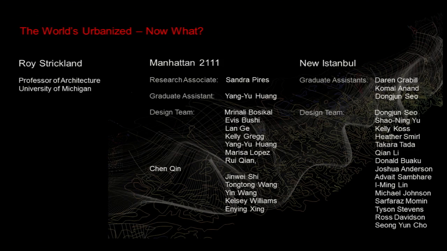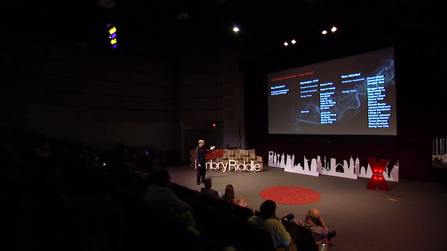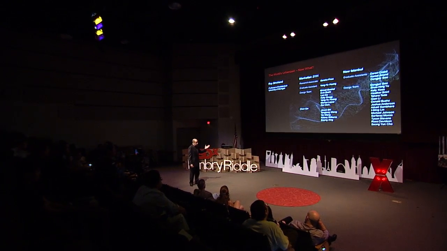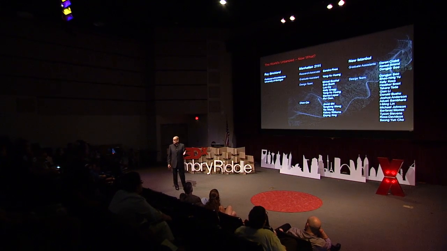I want you to look at the names here, and you'll see people from Africa, America, Europe, Asia, South Asia. You'll see Christians, Jews, Muslims, atheists, Buddhists, Hindus, all participating in this work.